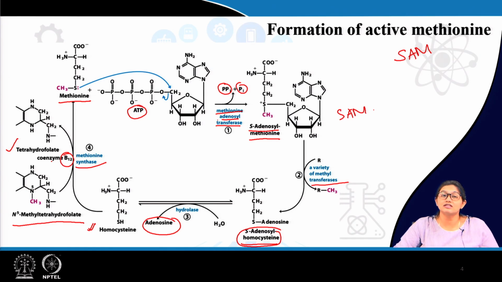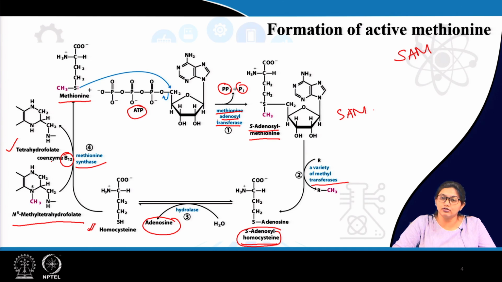So, here you can see while forming methionine, the methyl group donor is methyl tetrahydrofolate. But the active form of methionine, that is S-adenosyl methionine, is another methyl group donor, which is the activated methionine again.